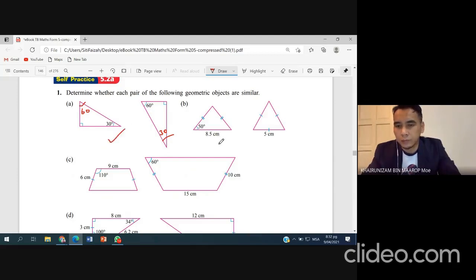What about this one? Okay, ini kita nampak this is the isosceles triangle. This is the equal triangle. So this one is not similar. What about this one? 100. Okay, actually this one is a parallel line.